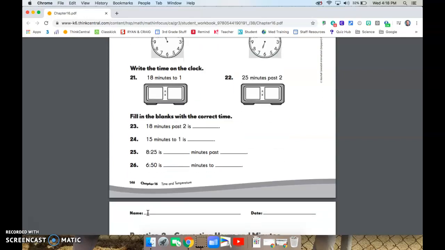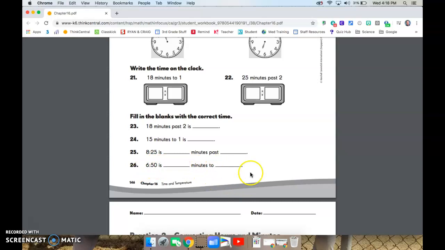All right. Last couple of problems. 6:50, actually the last problem. 6:50 is blank minutes to blank. Okay, so it's almost what? If it's 6:50, it's almost 7 o'clock.